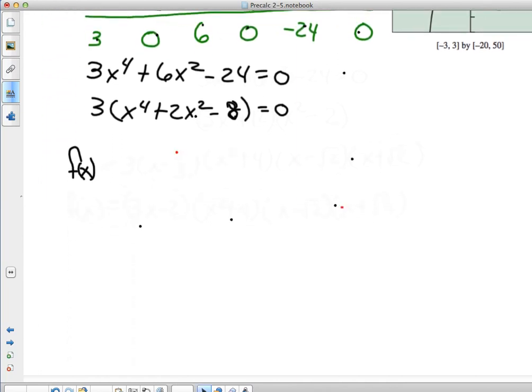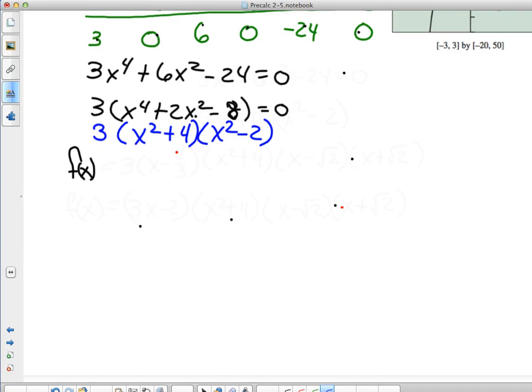Do you all see x plus 4 and x minus 2 as factors? You see it? So I've got this breaking down as 3 times x squared plus 4, and x squared minus 2 as my factors right now. Are you okay where I got those?